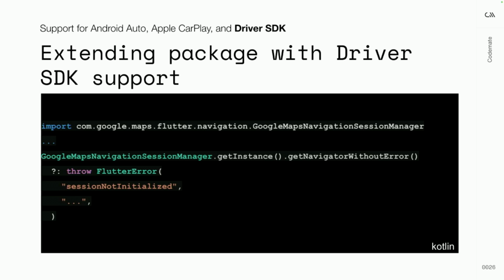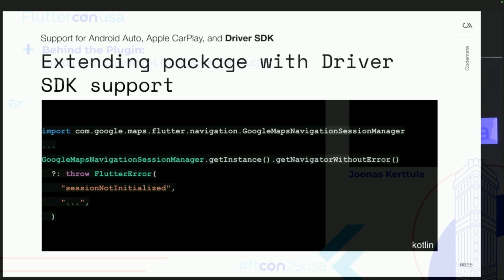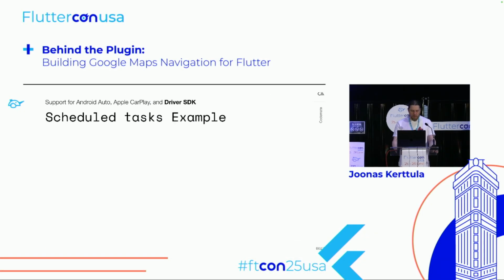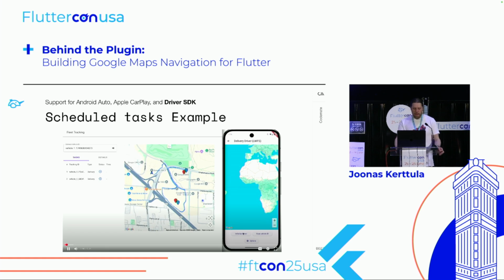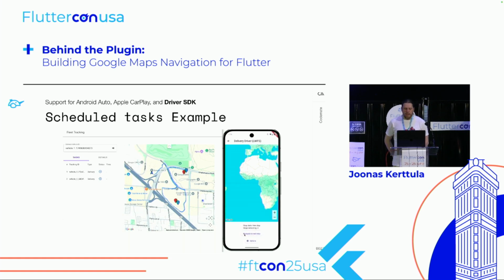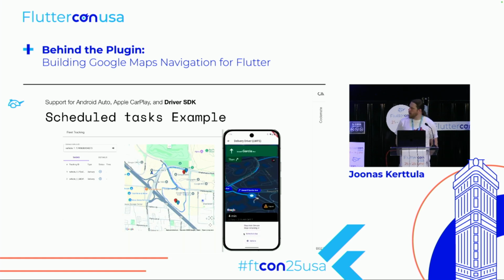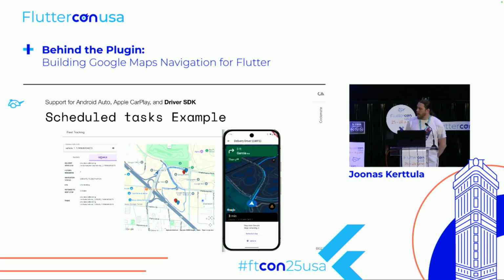On Flutter side, communication, of course, is available with the package directly. On the driver SDK, there's a support for few different kind of tasks. You have scheduled tasks, which allows developers to have paths.